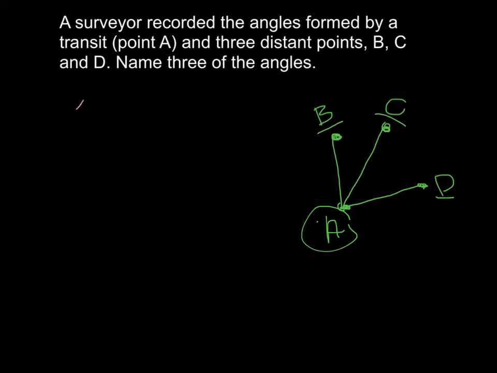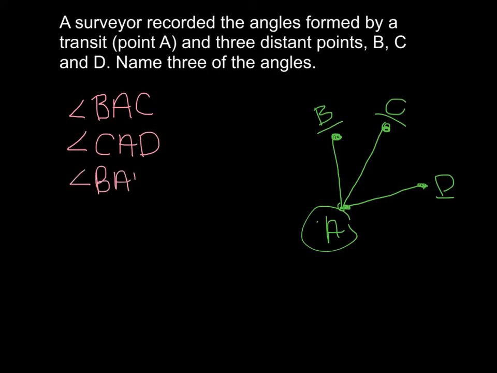So one of the possible answers, and you might have different answers than me, one of the angles could be called angle BAC. Another angle could be angle CAD. And another angle could be BAD. These are all the possible answers. So any of those, so we just name this angle, and this whole entire angle.